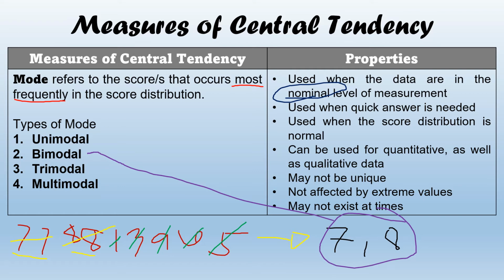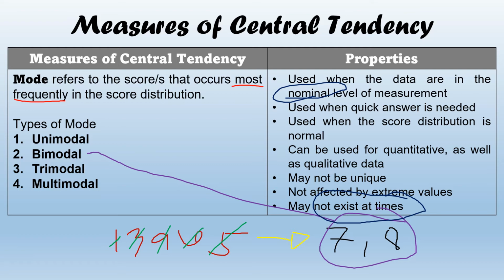Bakit ba nasabing may not exist at times? Kasi there are examples kasi na wala talagang mode na lalabas, no? Like for example, ito, kung tatanggalin ko to, no? Ayan. Kung tatanggalin ko yan, 1, 3, 9, 6, 5, tsaka kung tatanungin ko kayo kung ano ba yung mode nito, wala.